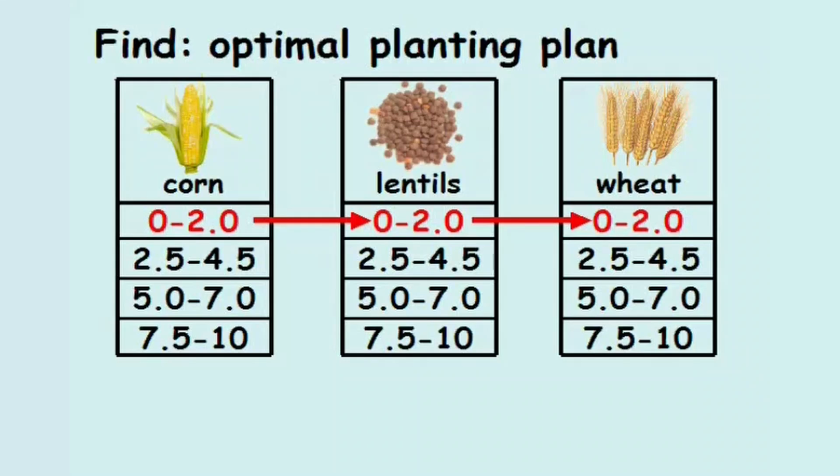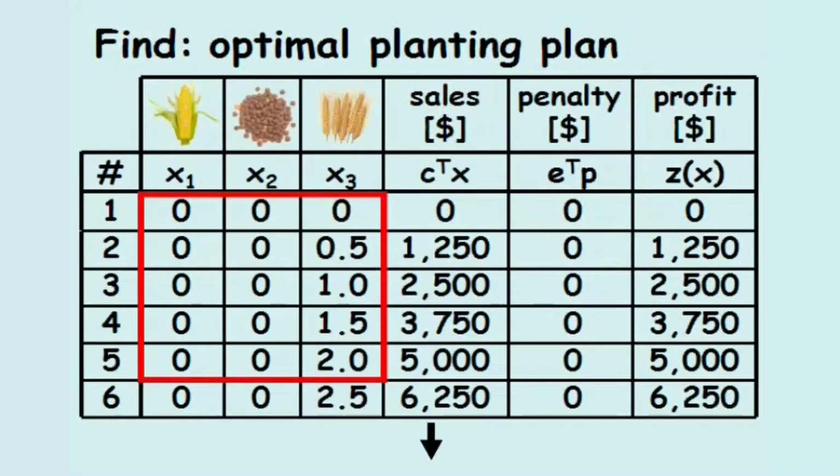And the average profit is updated, and the next planting plan is considered. For the first 5 planting plans, all fall in this first range, but the sixth planting plan has an x3 value of 2.5 acres, and is therefore in a different range for wheat planted.